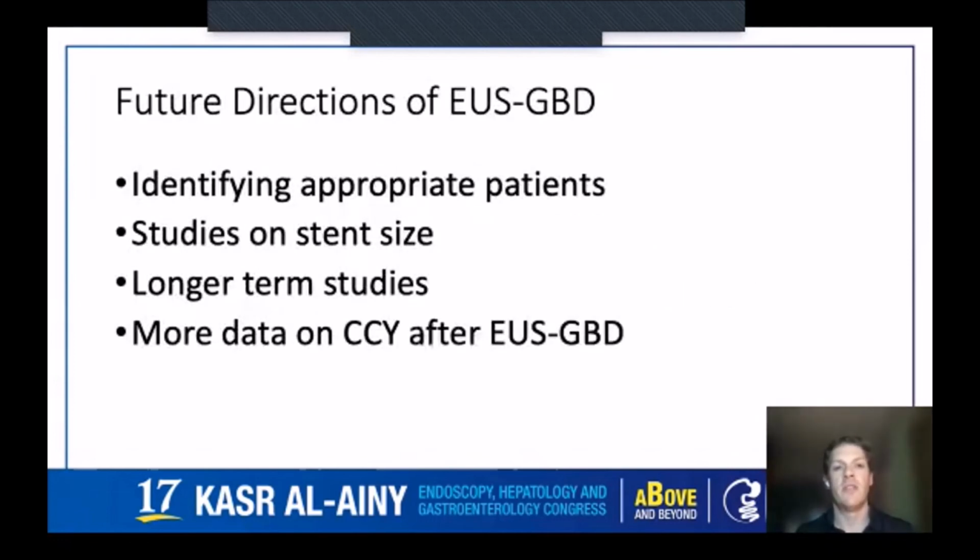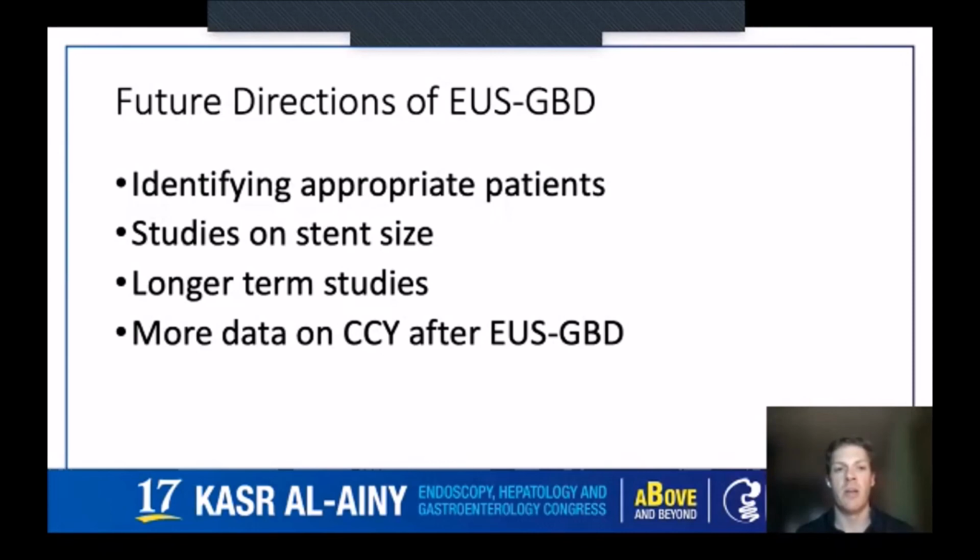What are the future directions of EUS-guided gallbladder drainage? Future studies are needed to identify the appropriate patients for this therapy. Additional studies are needed on the appropriate lumen-opposing metal stent size. Current lumen-opposing metal stents have luminal diameters ranging from 8 millimeters all the way up to 20 millimeters.